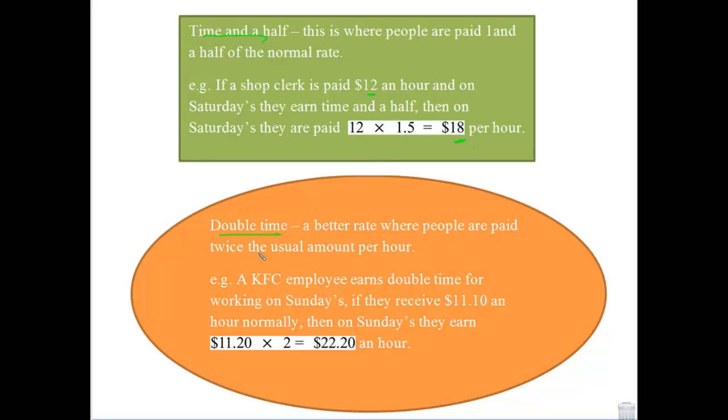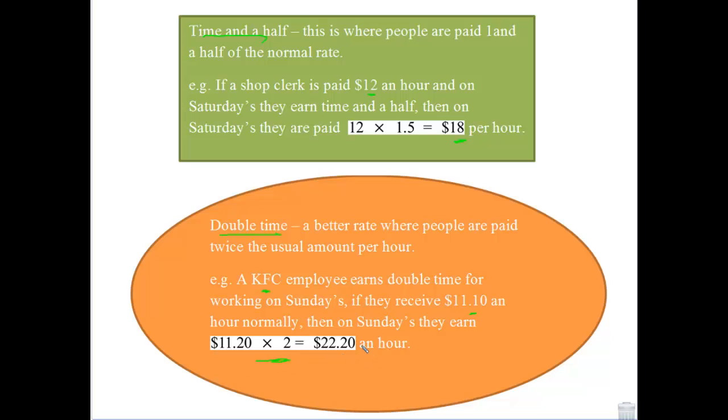Double time's even better. Lots of public holidays are double time. You can even get triple time or double time and a half. Sometimes it just depends on where you're working and what the situation is. Say someone working at KFC may get double time for Sundays. If they get $11.10 an hour normally, then on the Sunday they'll get double that, so $22.20 an hour.